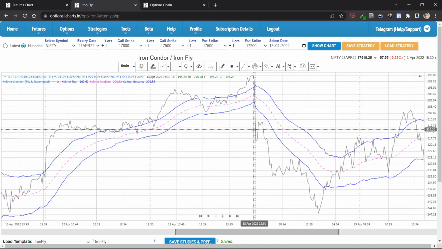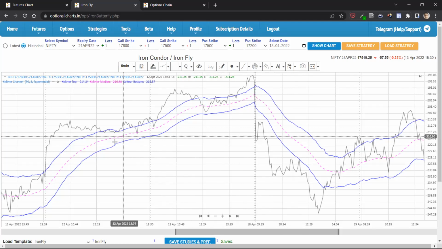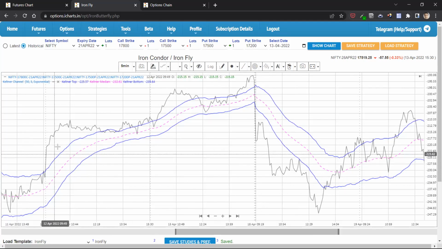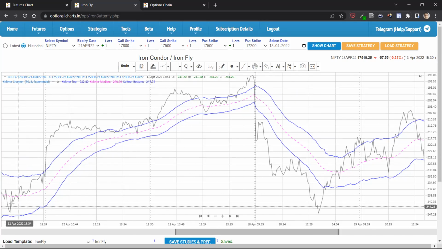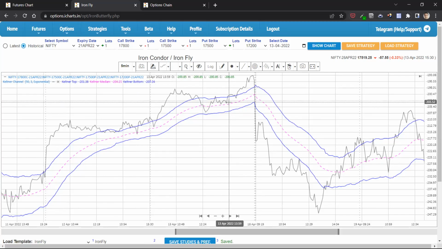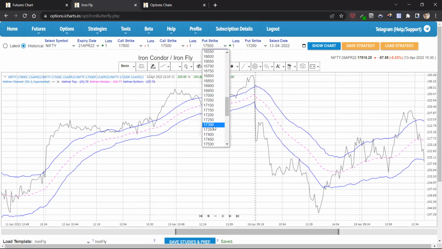The whole idea in the case of the straddle was to keep the combined premium below the bands. For Ironfly, since we have hedges, this is going to be above the bands. The point is to keep the price always above the bands. So we initiated here, it went down below. Now your objective is to get it above the bands using adjustments. Let us check with what we did over there. Same.